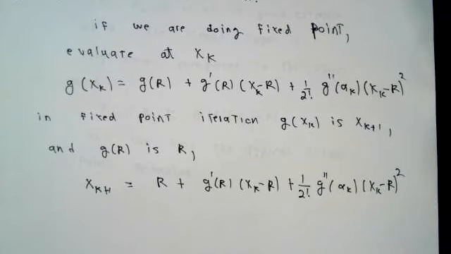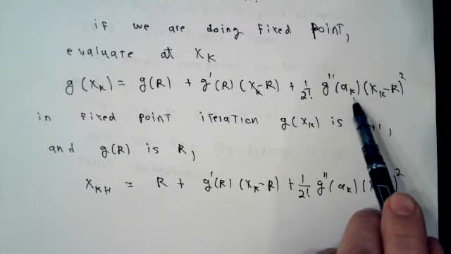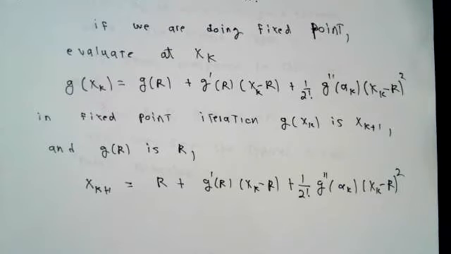And since it may vary from iterate to iterate, I'll label alpha as being alpha number k as well. That's not as troubling as it looks. If we're close to x equal r, and the second derivative is continuous, then the second derivative of g at alpha number k will be very close to the second derivative of g at r because of the continuity.